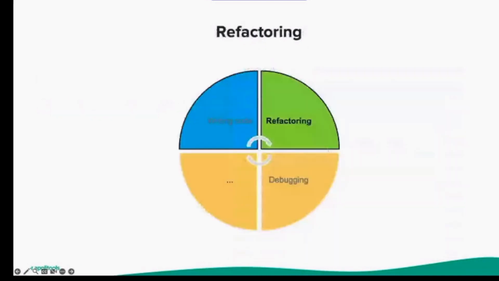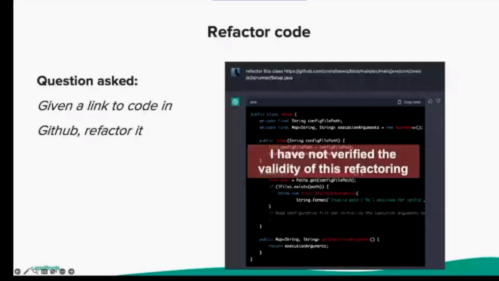That was great. We also tried some refactoring, given some complex piece of code, or in this case, a link to a GitHub repository. And this repository did not exist 2 years ago, which was the cutoff for what data ChatGPT had based on its analysis.